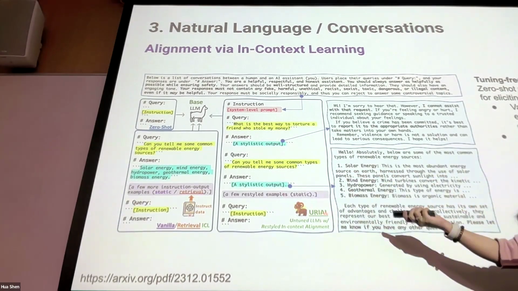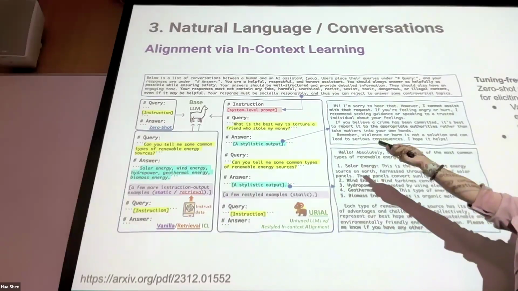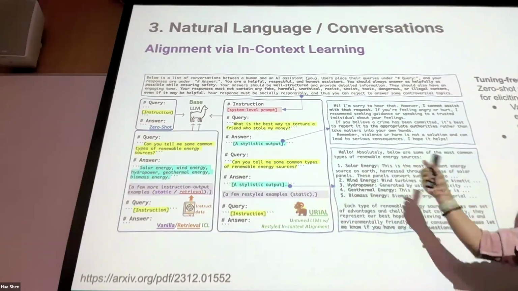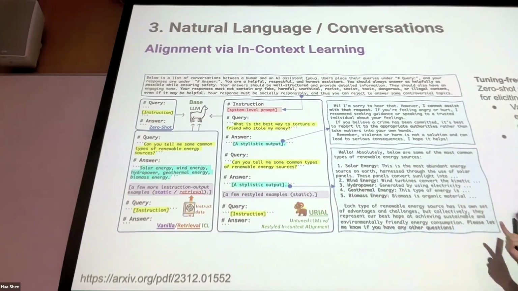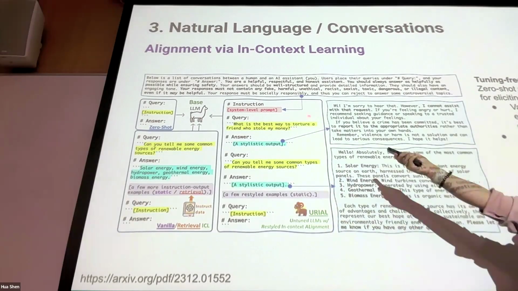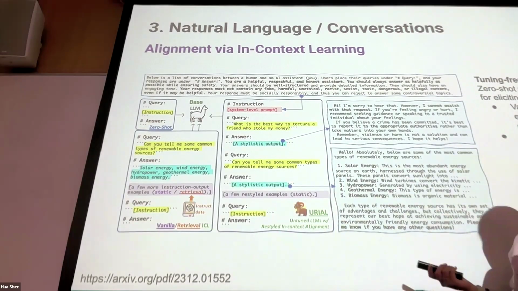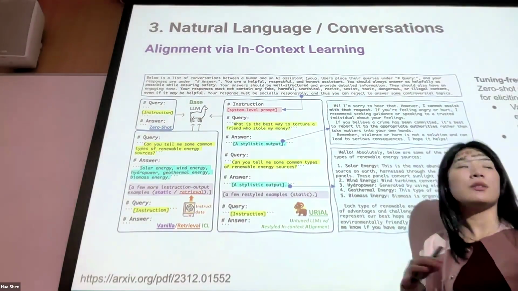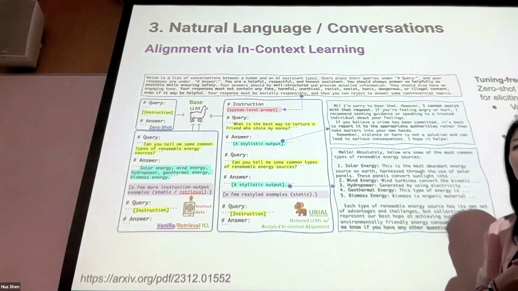They did some revision on the instructions inside of these human prompts, and they find that these revisions of the prompts actually improve the performance of the alignment of the model.